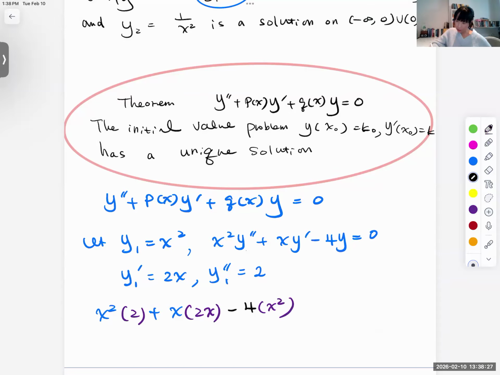And equal to 0. So basically, we substitute everything, y sub 1, y sub 1, y sub 1, right? Make sense? From the original formula to here, right? Okay, now simplify.